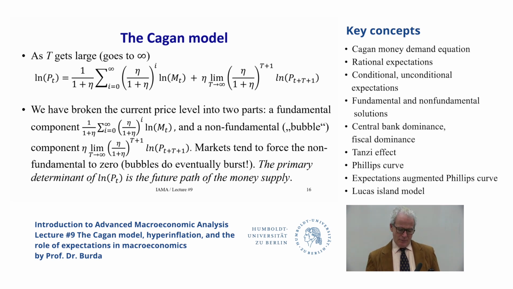And if a central bank can credibly argue that the money supply will not grow at a higher rate, and remember, first differences of the log of money supply are the monetary growth rate, then convincing the public that the central bank is serious when it talks about controlling monetary growth would be one way of getting the price level under control in period T.